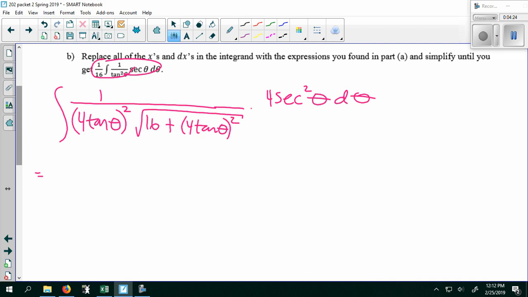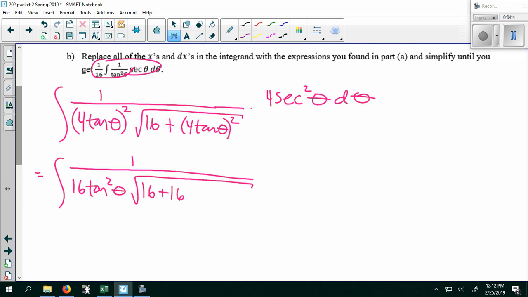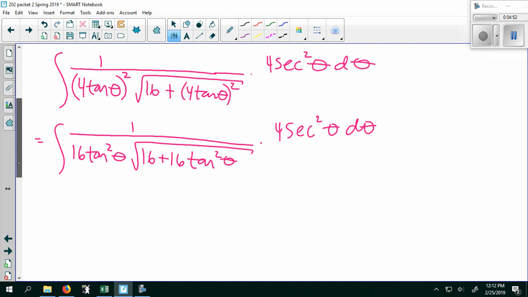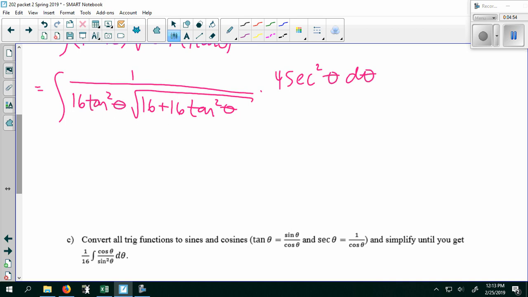Okay, so 4 tangent theta squared, that's going to become, so I've got 1 over this whole thing, 16 tangent squared theta. And then I have the square root of 16 plus 16 tangent squared theta times 4 secant squared theta d theta. Okay, under the radical, I have a 16 in both terms, so I'm going to factor it out.